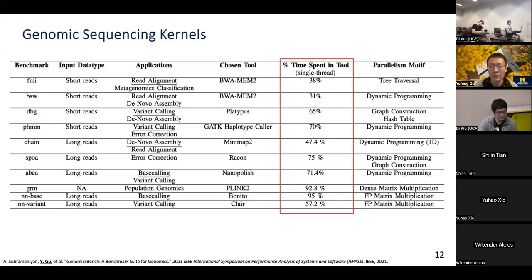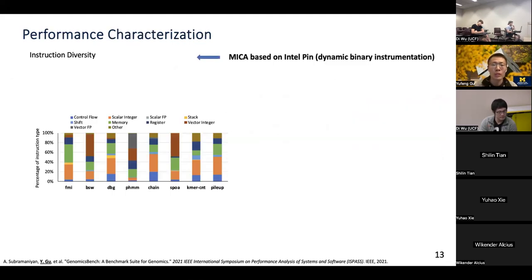Some are dynamic programming algorithms, some are matrix multiplications. Then we analyze their performance characterization on commodity hardware. The first analysis we did is instruction diversity. We use the Intel Pin tool to collect the types of instructions. Some are optimized by Intel AVX SIMD instructions, so we can see a lot of vector instructions.